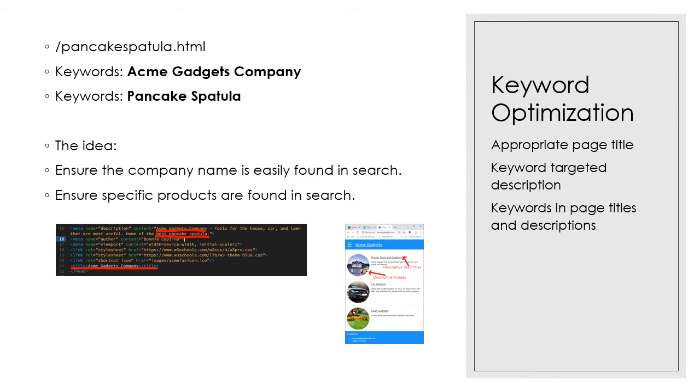Now, about the keyword optimization, there should be an appropriate page title, keyword targeted description, and keywords in page titles and descriptions. So as I said, I began with pancakespatula.html.